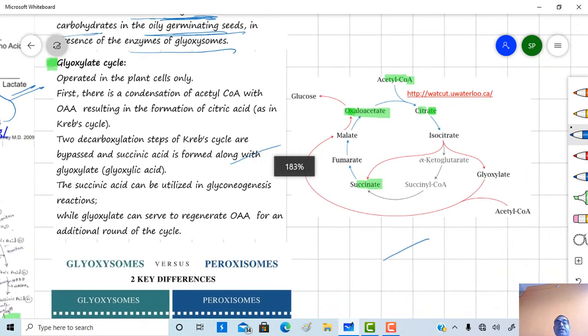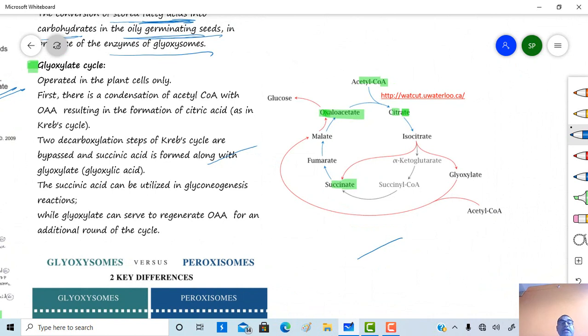Okay, first there is a condensation of acetyl coenzyme A with oxaloacetic acid. That means oxaloacetate and acetyl coenzyme A condense in the form of citric acid.